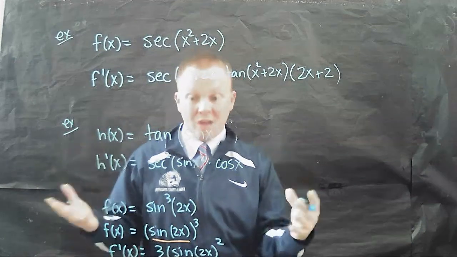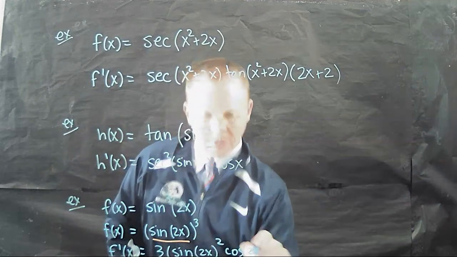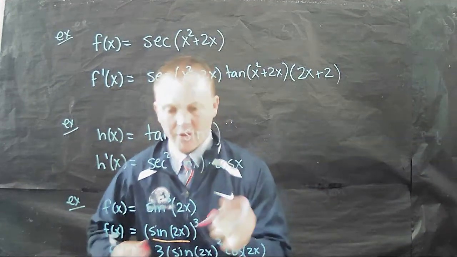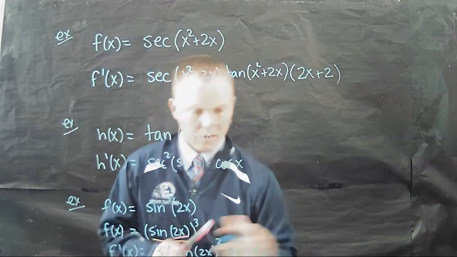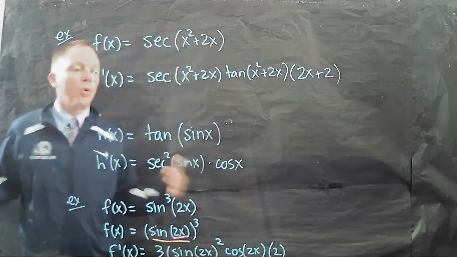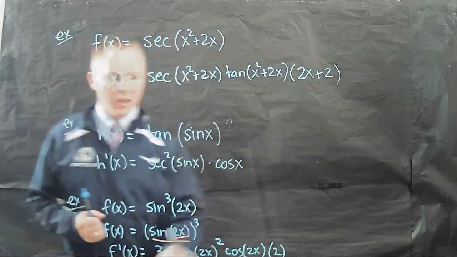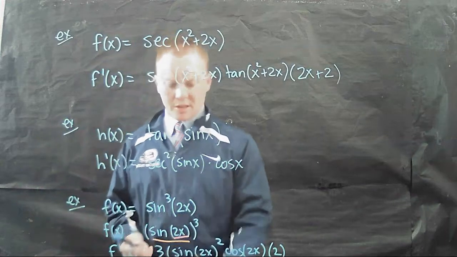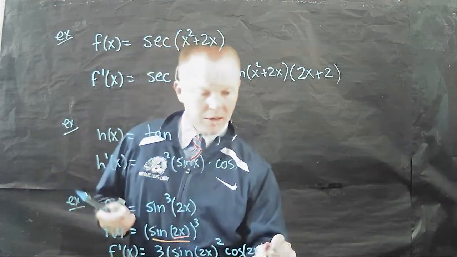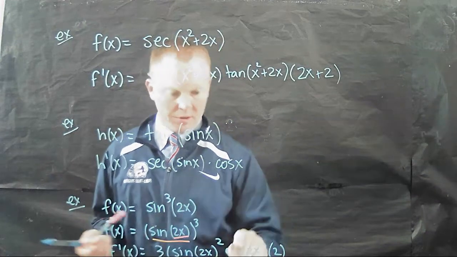What's the derivative of sine of something? It's cosine of something times the derivative of the inside, 2. And I'm going to purposefully leave this unsimplified. Yes, I can multiply the 3 and the 2 and get 6, but I'm going to leave this unsimplified so you can see the various parts that sort of popped out of here.